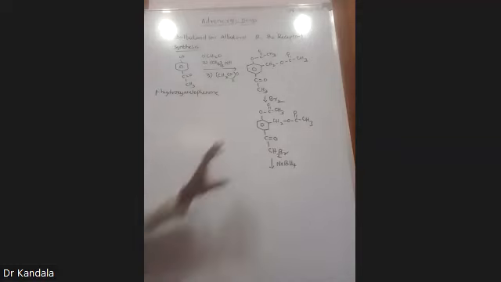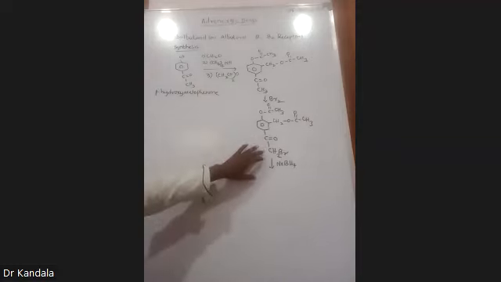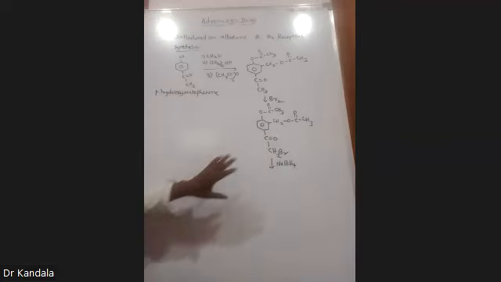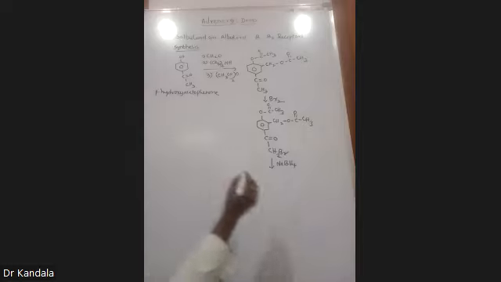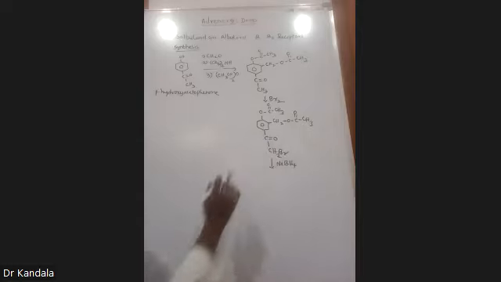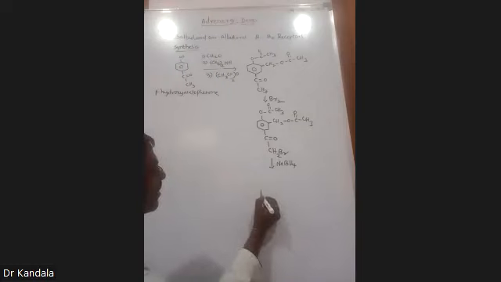Now this intermediate is treated with a reducing agent like sodium borohydride. When reduction takes place with sodium borohydride, only this keto group is converted to the secondary alcohol.